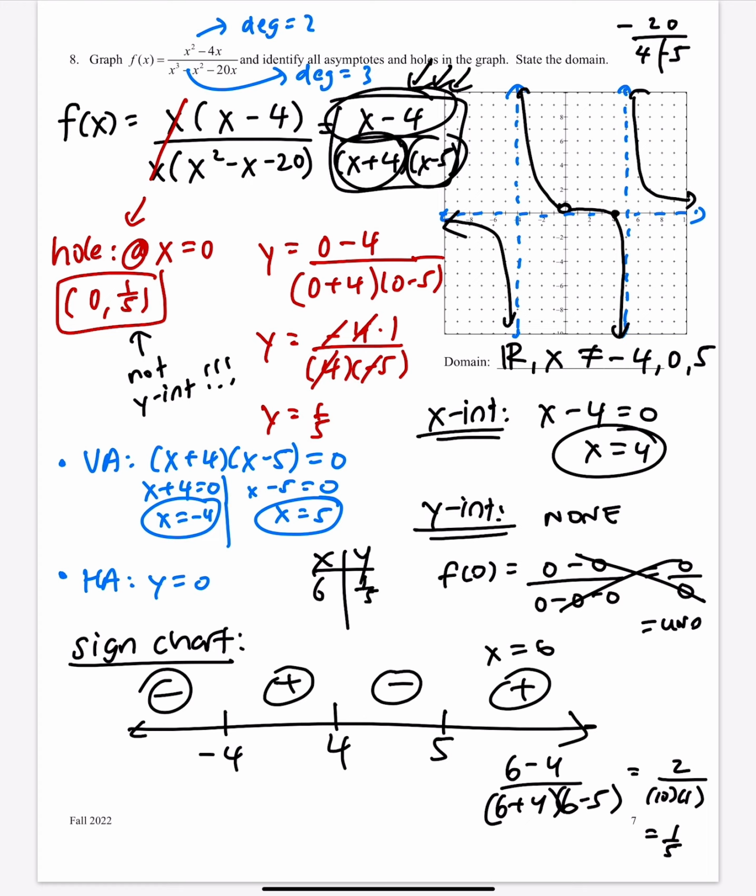Plug in numbers like, I don't know, negative 3, plug in numbers like negative 7. When you plug in negative 3, notice that you're going to get a positive number. When you plug in a negative 7, you get a negative number, whatever that is. But if you want to do a quick graph, this is what it's going to look like. And we are done.